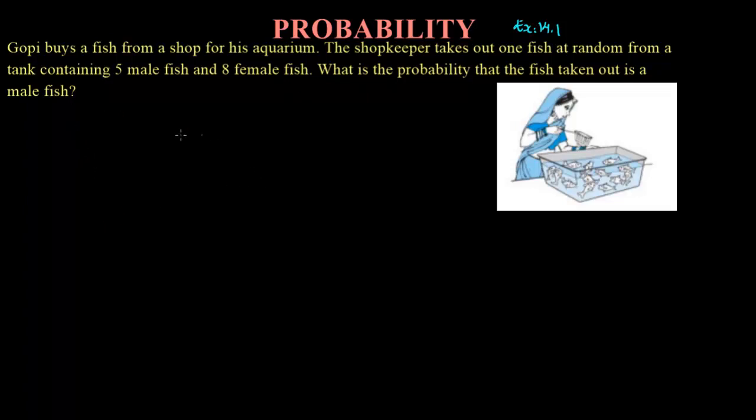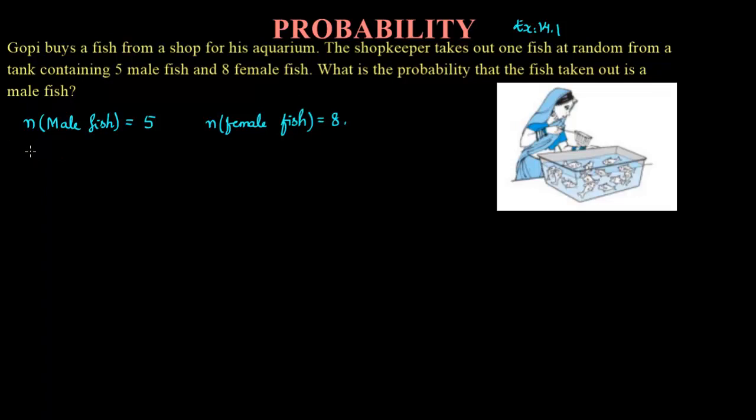So let me just write here, number of male fish. How many are male fish in this? It is 5. Then we will write the number of female fish. How many are there? It is 8.